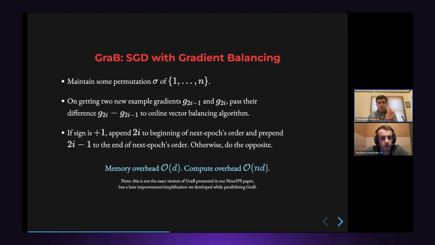Every time we get 2 example gradients, we subtract them. We send their difference to the online vector balancing algorithm. We then use the sign to decide where to send those 2 examples for the next epoch's example order. And then in the next epoch, we have a permutation that's better in terms of this metric.